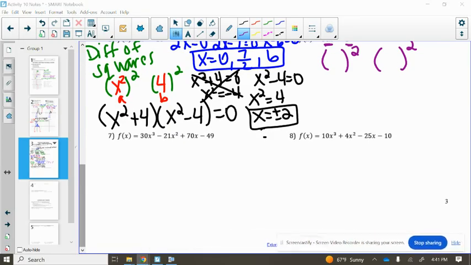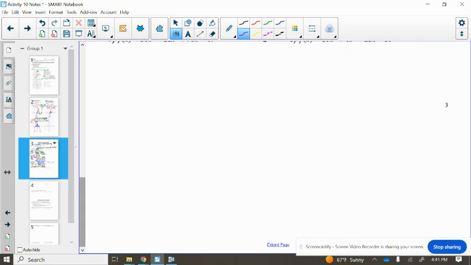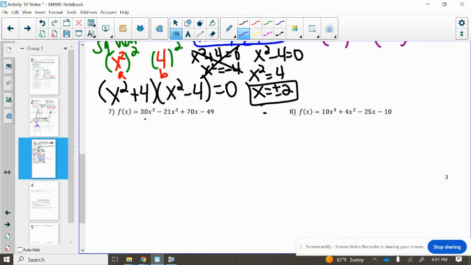All right, down in number 7, we see 4 terms. This is oftentimes a hint to us that when we have 4 terms we want to use some grouping. So similar to our factoring method up above, we want to look at what is the GCF of the first group. We end up with 3x squared, and then 7 would be left over after we divide out the 3x squared.